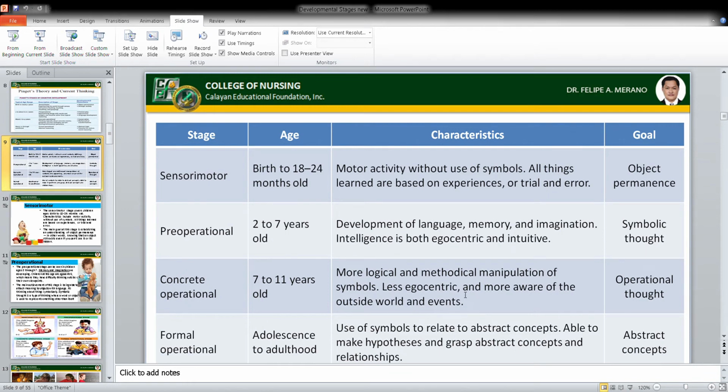They are open now to explore the world around them and the events around them. So their thoughts are operational. That's why they explore things surrounding them and try to better understand what's happening, what is the idea, what are the knowledge that they could acquire or learning experience.